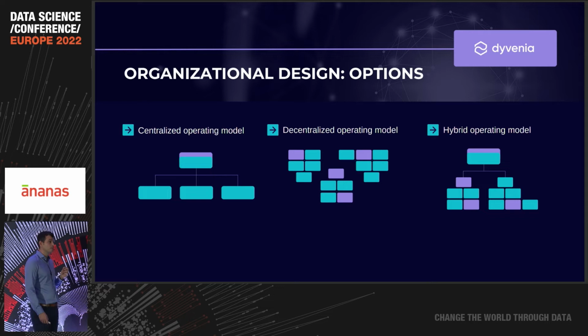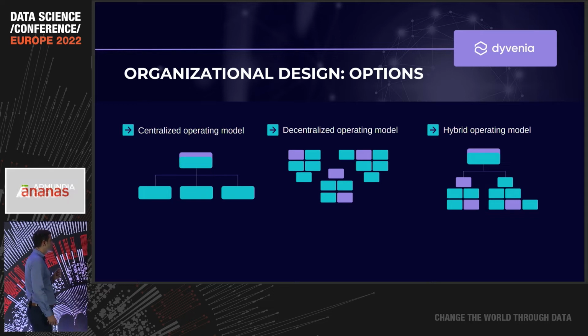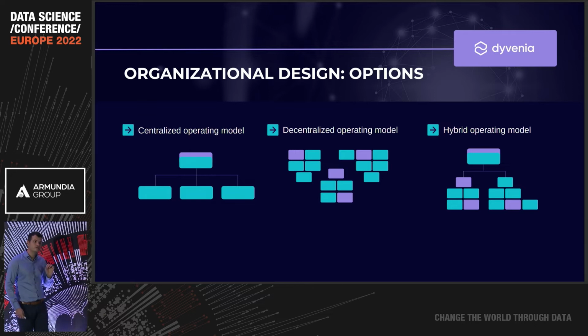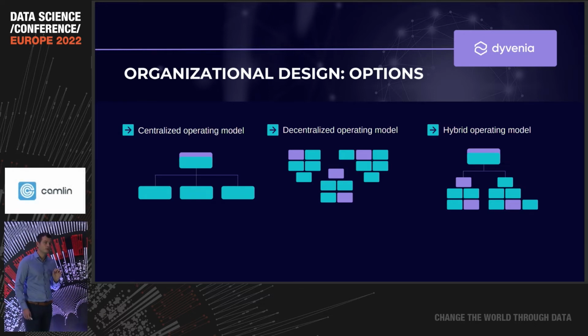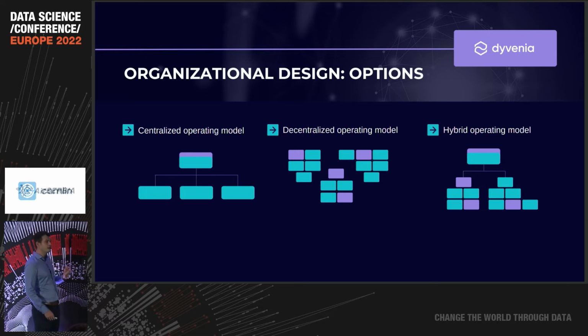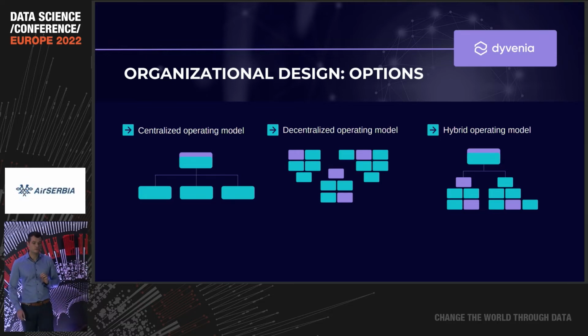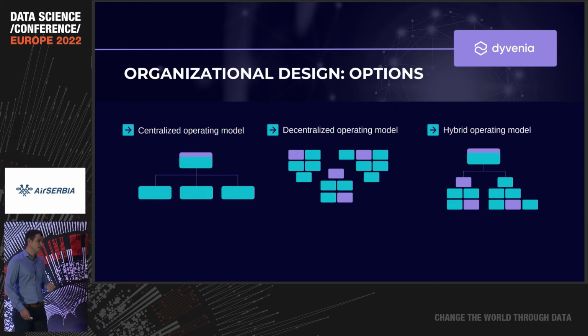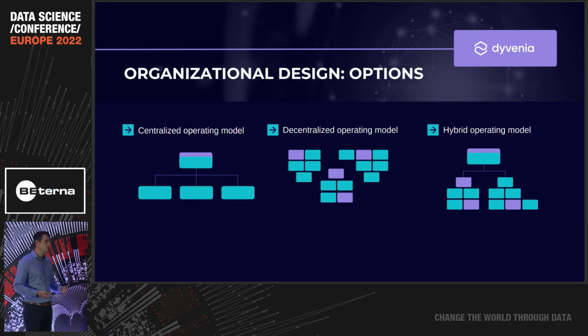This is org charts, my favorite topic. Basically, when you look at the way companies organize data analytics today, you have to realize the majority of them do a very heavily centralized model. They are used to rolling out ERP systems, that's a system for invoicing and so on.